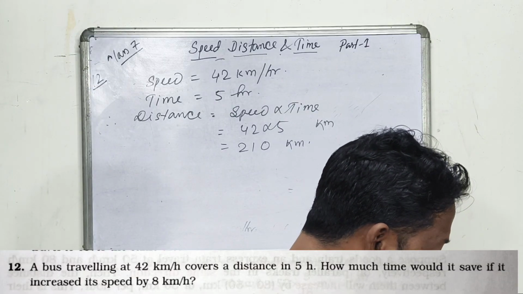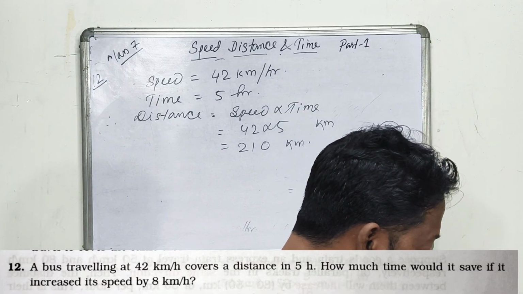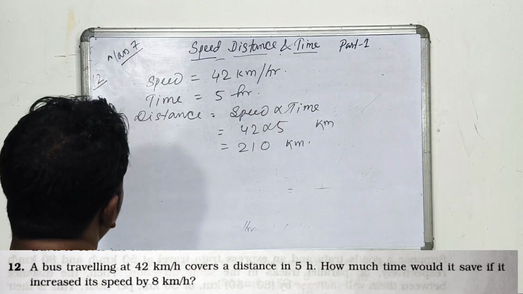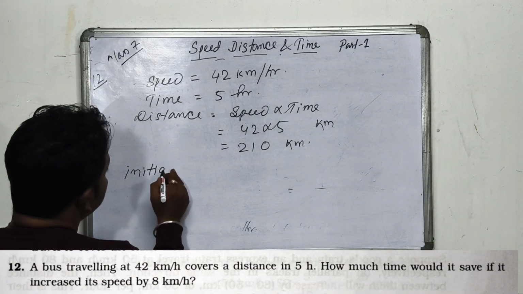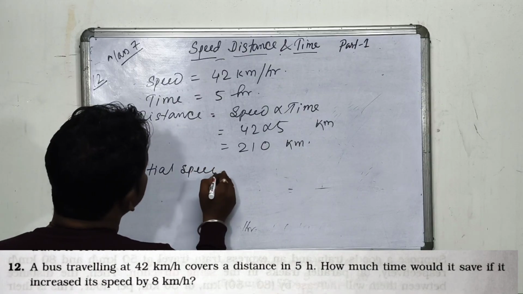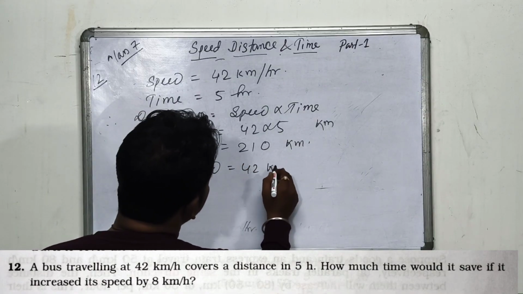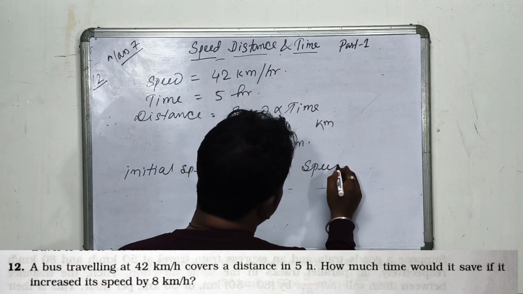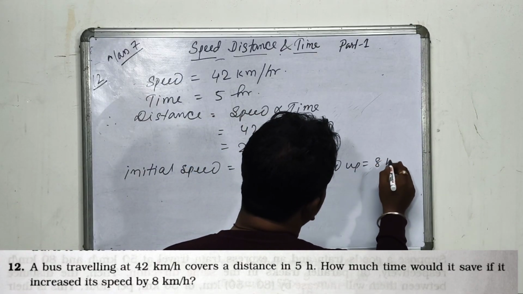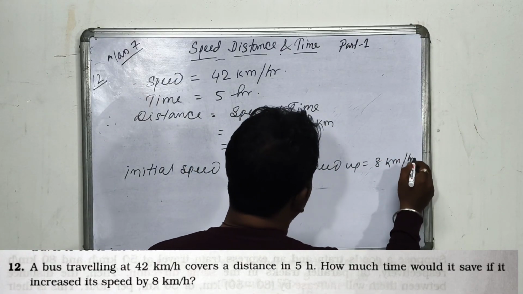how much time would it save if it increased its speed by 8 km per hour. That means the initial speed was 42 kilometers and the speed is increased by 8 km per hour.